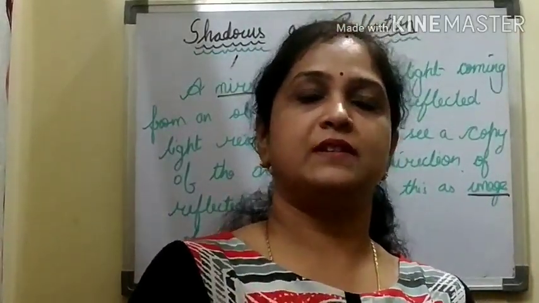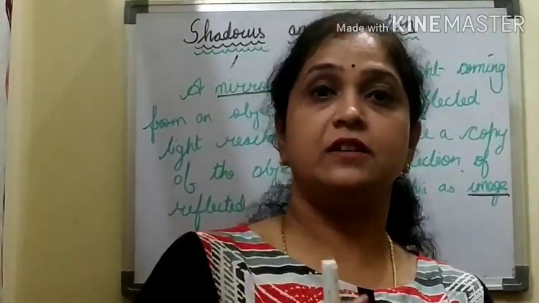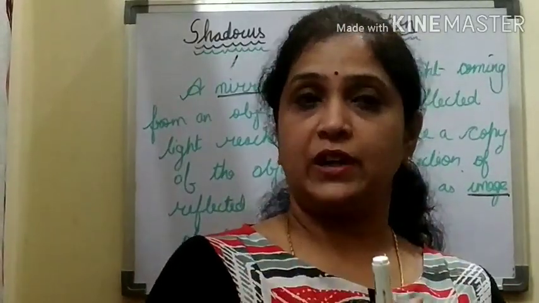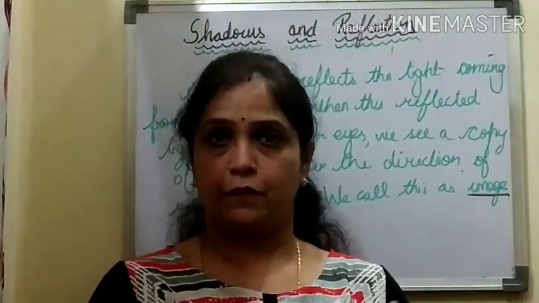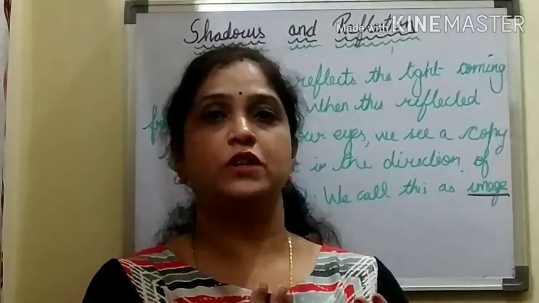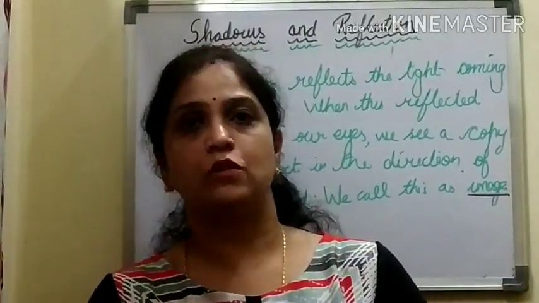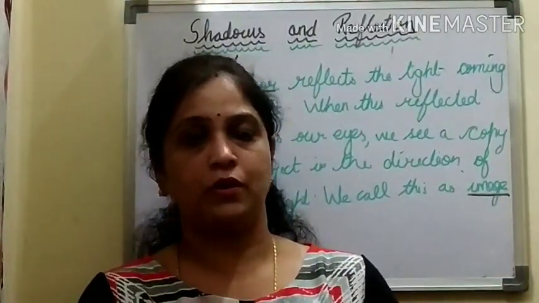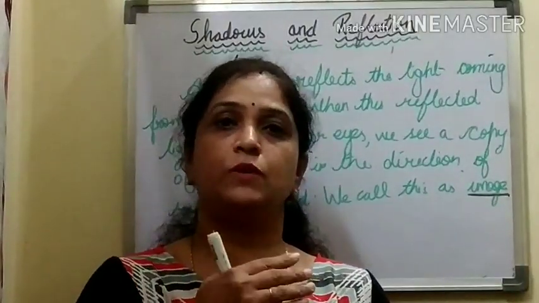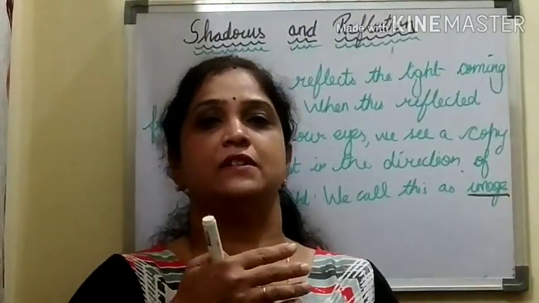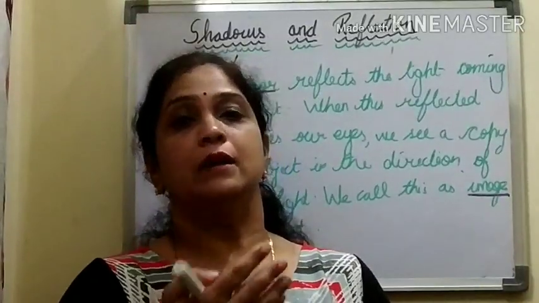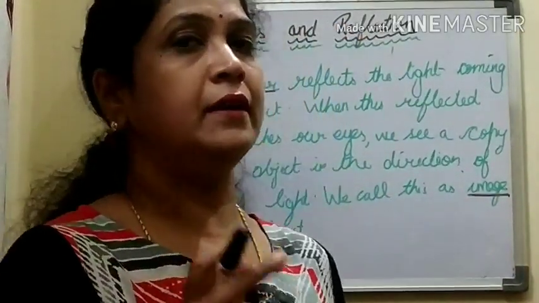And the distance: suppose you are standing in front of the mirror and you go closer to the mirror, you feel that the image is also coming closer to you. So the distance between the object and the mirror is the same as the distance between the image and the mirror. These are the characteristics of the image formed by a plane mirror.